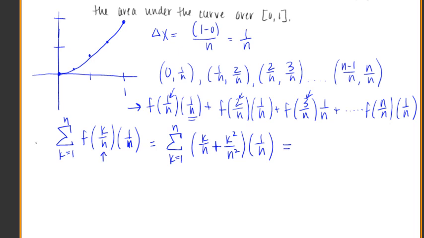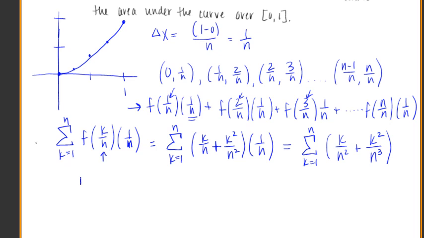So that's going to equal the summation from k equals 1 to n, distributing here, so it would be k over n squared plus k squared over n cubed. And if we use some of our rules for summations, we can break these up into 2 individual ones.